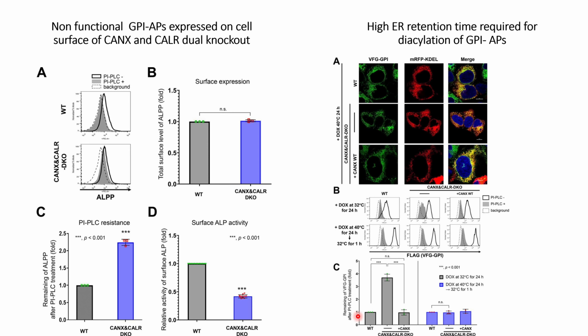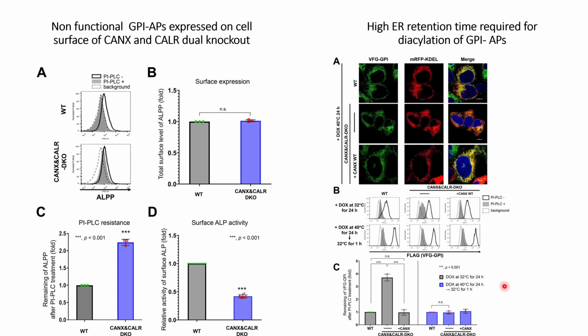However, compared to the case of wild type and the dual knockout in which Calnexin function is rescued, when the cells are treated at 40 degrees for 24 hours and then 32 degrees for 1 hour, they can see that the differences in GPI-AP sensitivity on the cell surface are non-significant in all three cases.